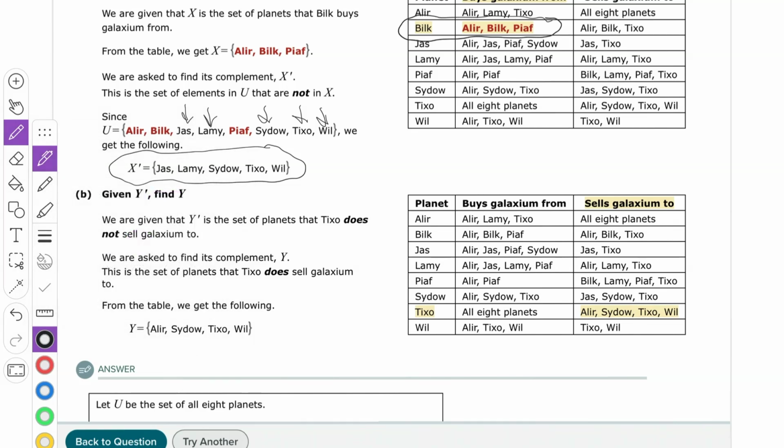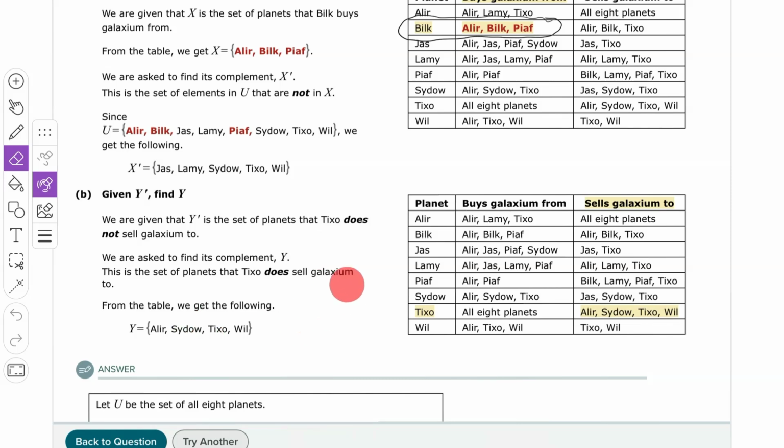Okay, it says Tixo does not sell Galaxium 2. So you're going to choose the opposite of what the Y would be, the ones that Tixo sells Galaxium 2. So it's the opposite, because it says in the question does not. Okay?